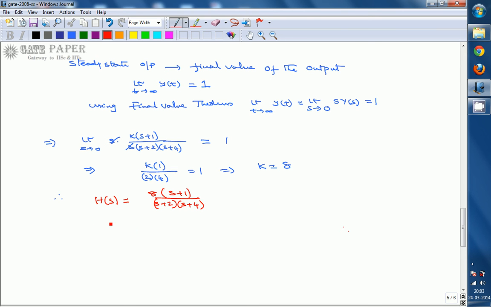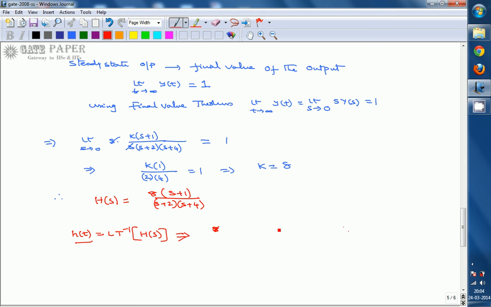Now we need the impulse response h of t of the system. This is obtained by applying the inverse Laplace transform for H of s. So we will get this h of t using partial fractions.